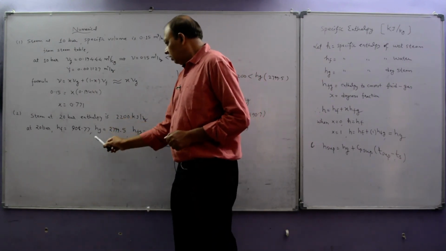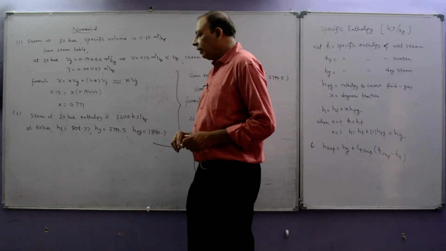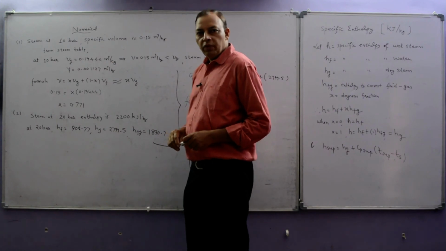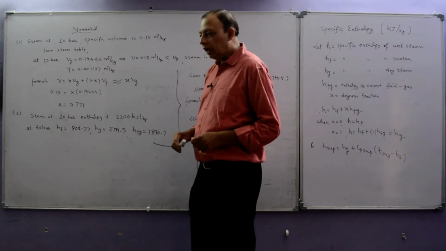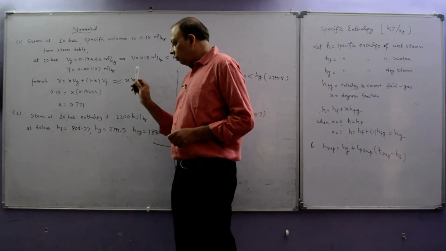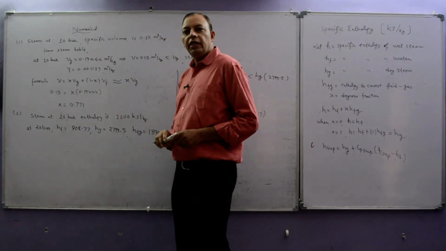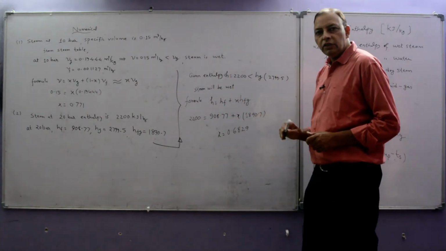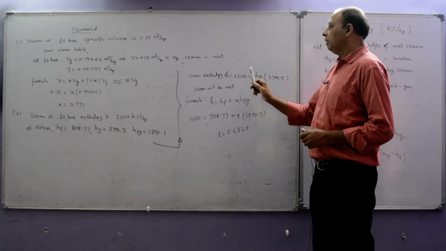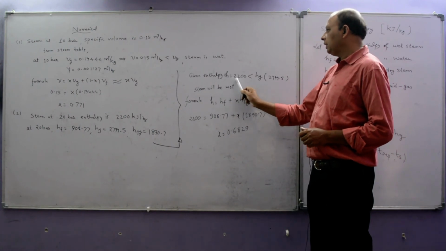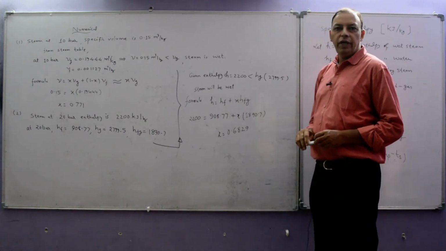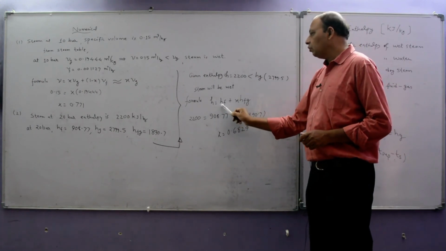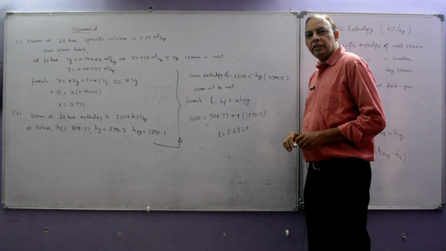Here the value of Hg is 2799.5, and the given value is 2200. Compare these two values. Again the given value of enthalpy is less than Hg, so this steam will be wet steam. Applying the formula of wet steam, H is equal to Hf plus X Hfg.